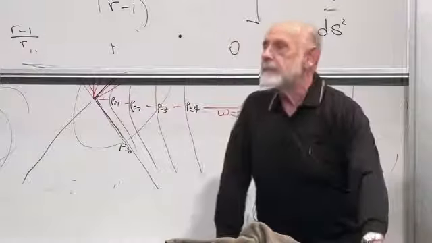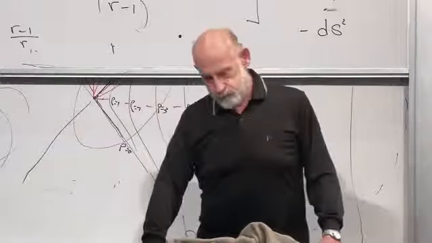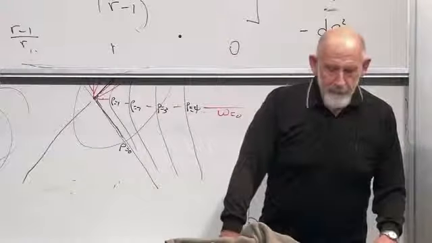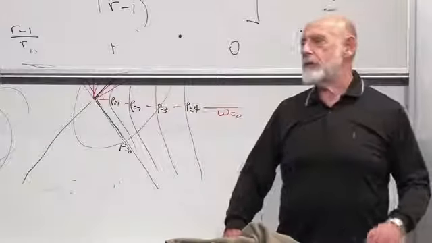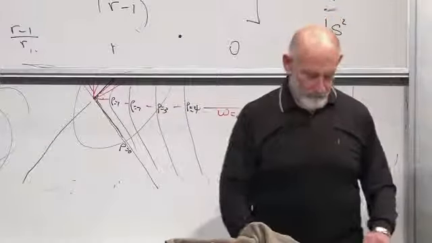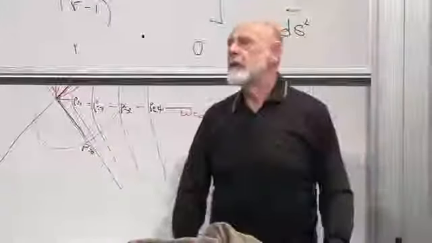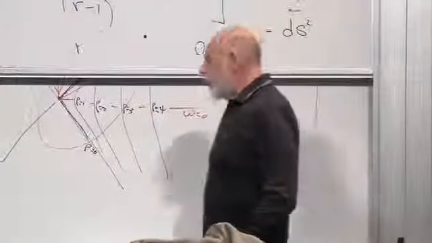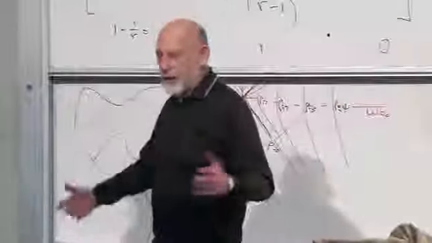So could you form one in a particle accelerator? I mean, conceivable. What kind of particle accelerator? The smallest black hole that makes any sense is a black hole of about a Planck mass.